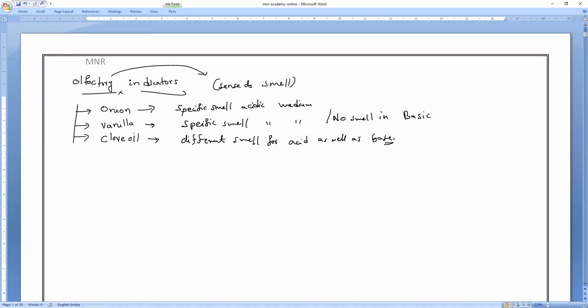That is what olfactory indicators are about. Mainly, for a person who does not have vision, these olfactory indicators help to identify whether the given substance is an acid or a base. So this is what we studied already.